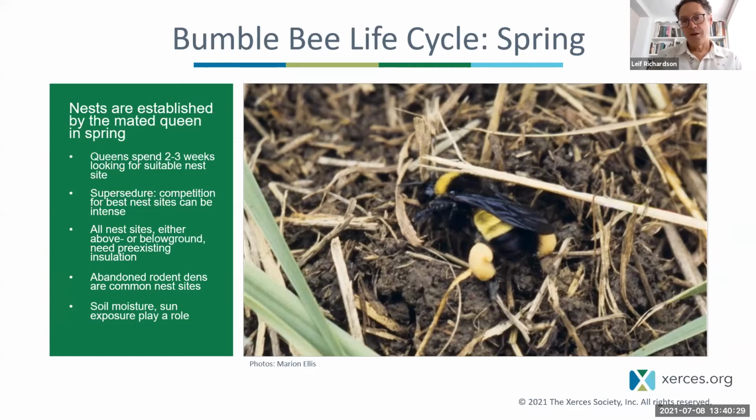As I've said, in some cases, we think there is competition for nest sites. One line of evidence for this is something we call supersedure, where in some cases, if you are lucky enough to find a bumblebee nest as it's getting established, you may find some dead queens outside the front door.